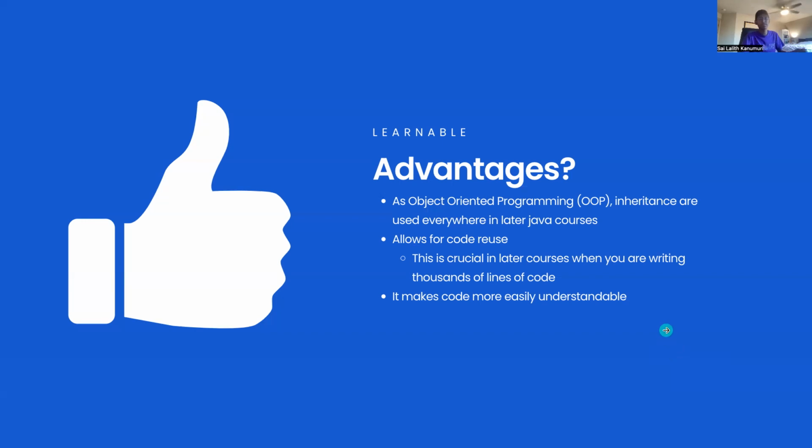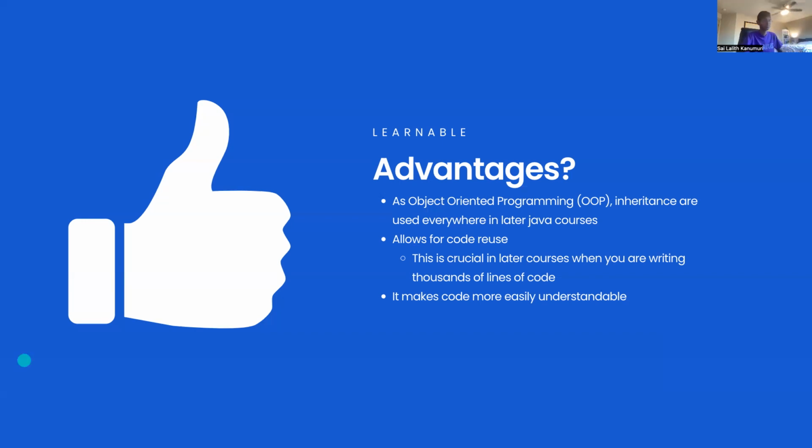And it just makes code more understandable, because you clearly know where the information is coming from. If this class gets information from that class, you clearly know the information this class gets is from there. There's no need for you to look around everywhere, or to copy that same exact code again and waste a ton of space.